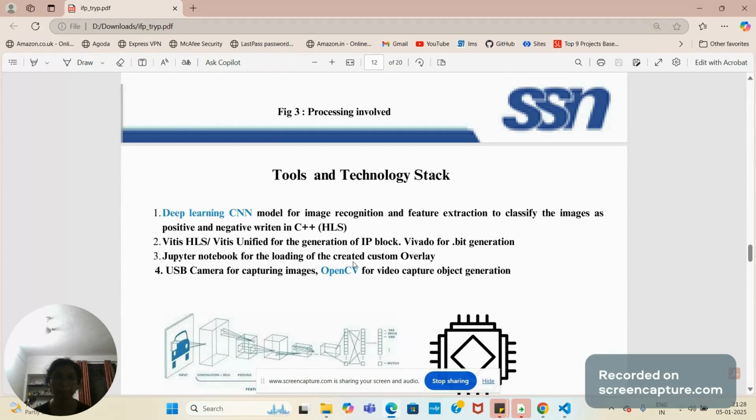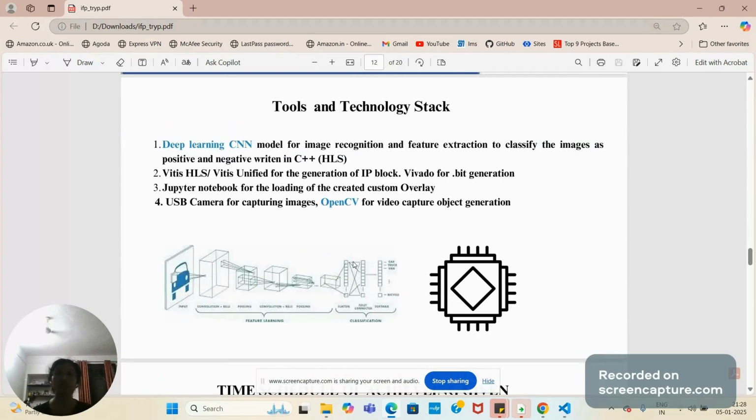And stop. So, what are all the tools and technologies that will be utilized for implementing and realizing this project? A deep learning CNN model for image recognition, initially written fully in Python, and the HLS model that is going to be written in C++. Vitis HLS, now Vitis Unified, for the generation of the IP block.